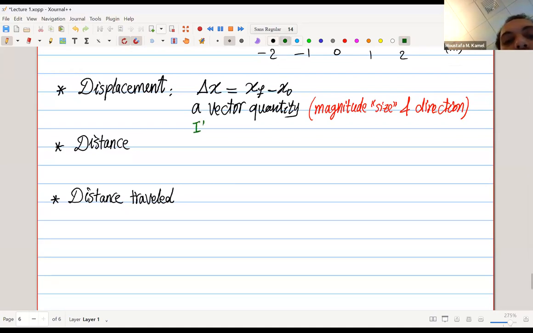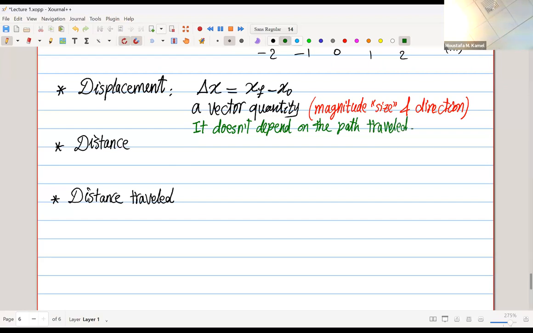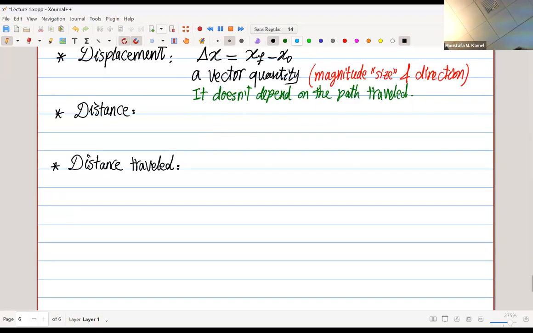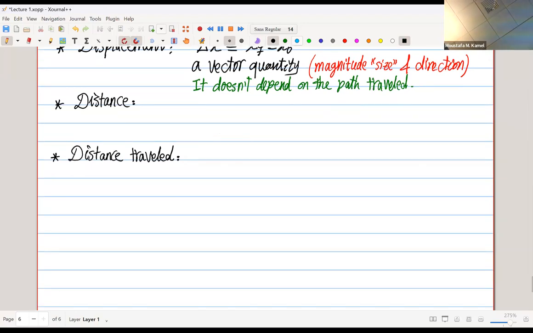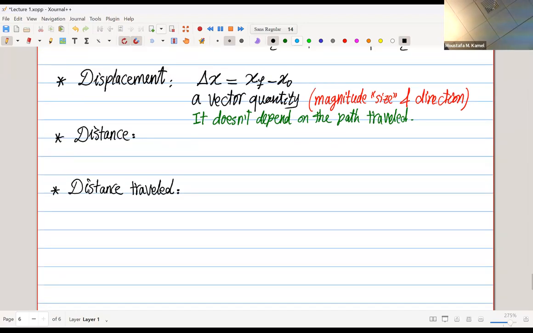So it doesn't depend on the path traveled. Only initial and final points. Distance: what we discussed now was distance traveled, not distance, but distance is just the magnitude of displacement.